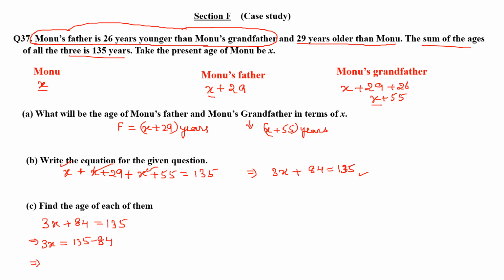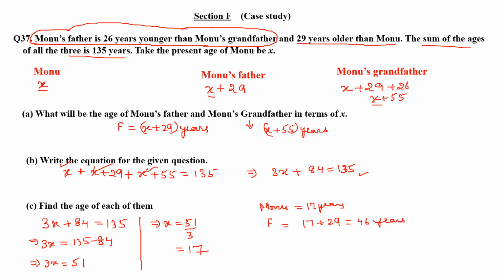So it will give you 3x equal to 51. So from here you can see the value of x will be 51 divided by 3. And if you divide 51 by 3, you will get 17. So now you have the value of x. So Monu's age will be 17 years. Okay. Monu's father will be x plus 29, which means 17 plus 29, which will give you 46 years.